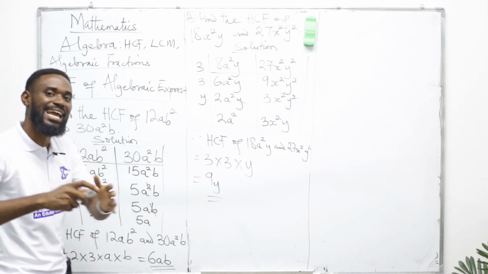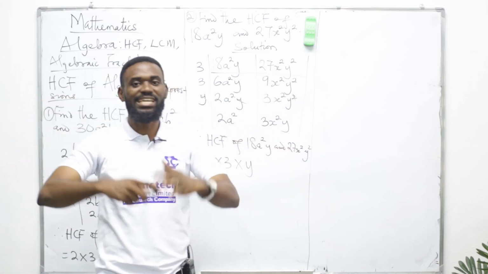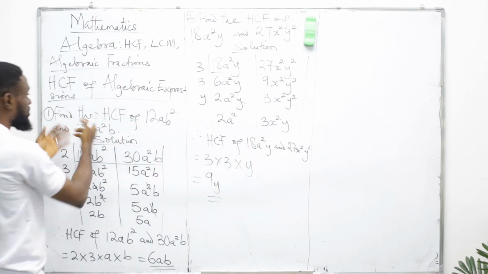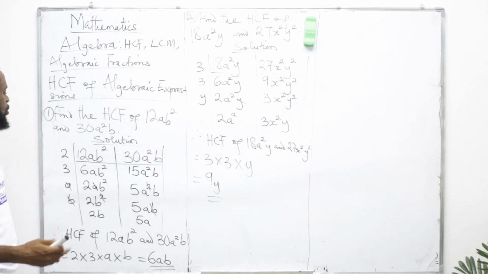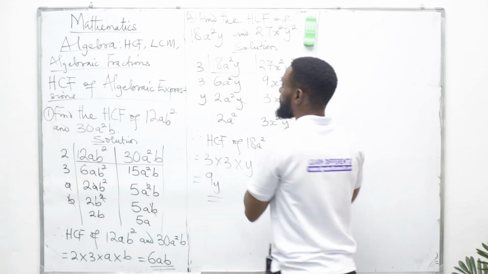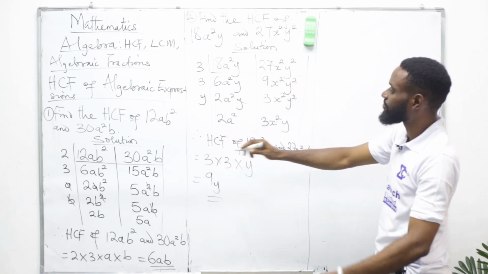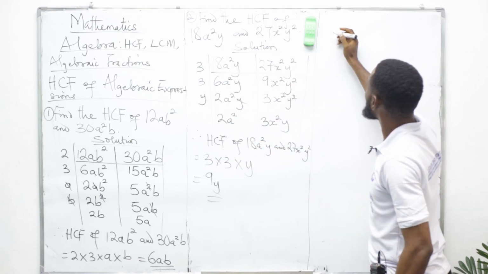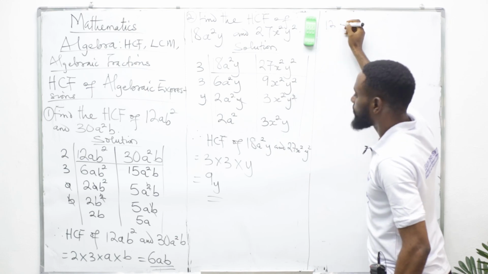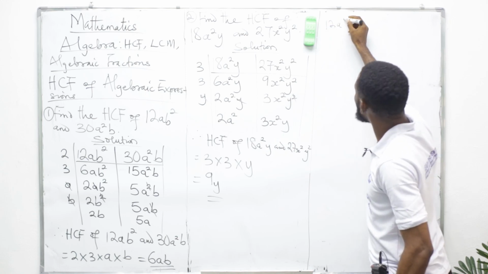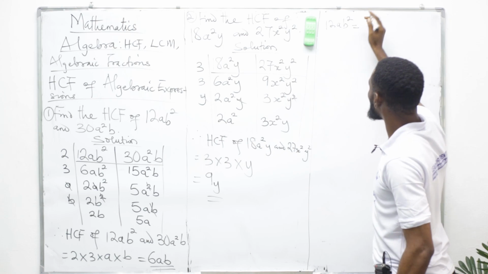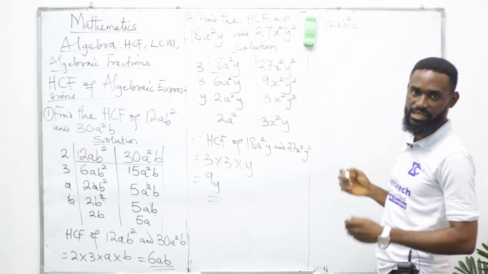Like I said, this is for the division method. We can also use the expanded method, the multiplication method, to find these two things I have said now. We can use the multiplication method to find the answer. Do you understand me? So let's see if we can use the multiplication method. The first one we had there was 12ab squared. So let's see, by expansion, what it means.